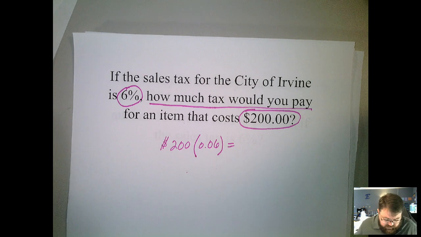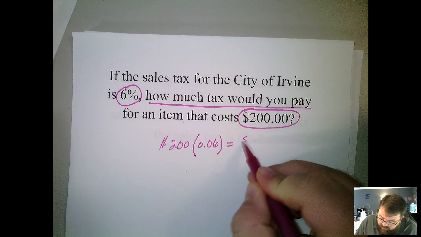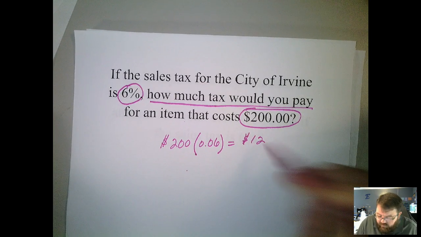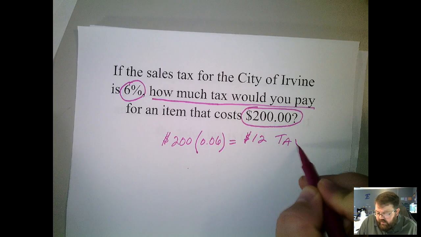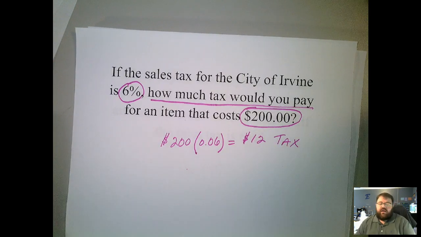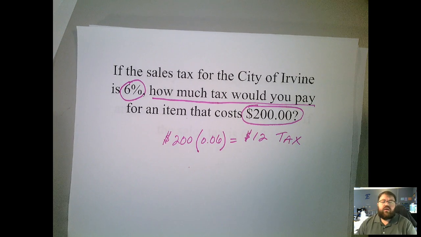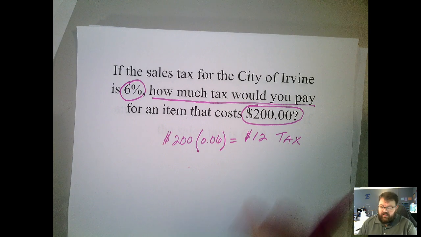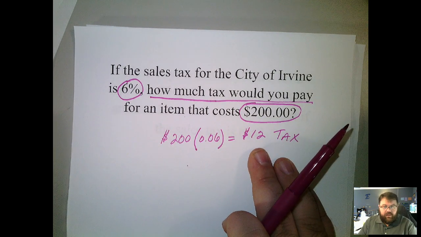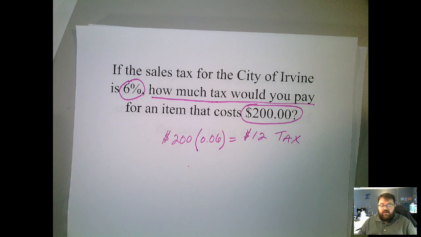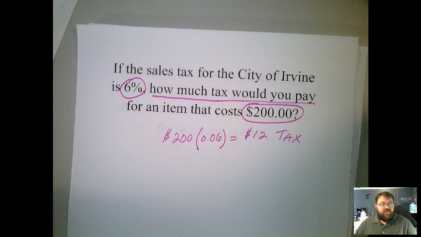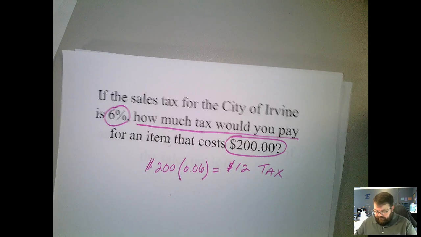So 200 times 0.06 is 12, so that means $12 in tax. So if you bought something at a store here in Irvin and it's $200, then the amount of tax that you are going to pay is $12. Okay? Didn't want to know how much the total was, it just wanted to know the tax. So you have to read those questions very carefully.